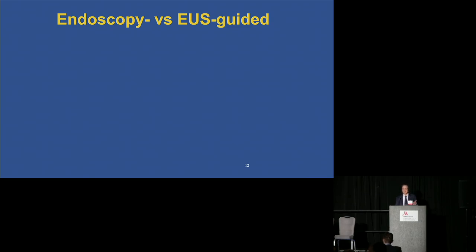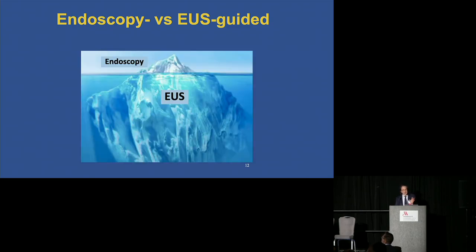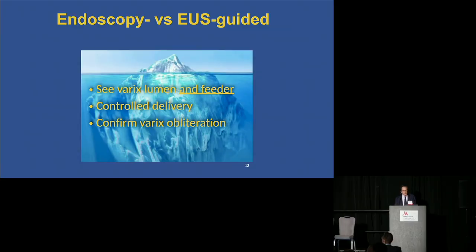And this is really the game changer, I think, because we're seeing just the tip of the iceberg with endoscopy. With EUS, we can see the varix lumen and the feeder. It allows controlled delivery, and we can confirm varix obliteration with Doppler.